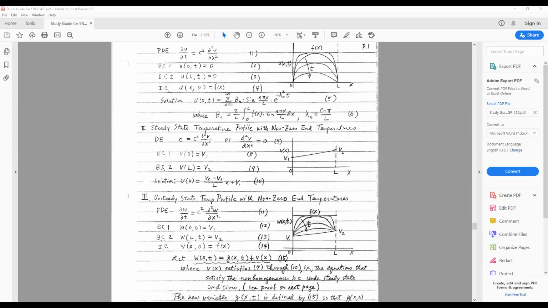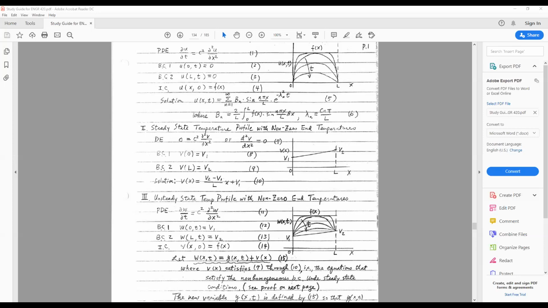And here is my solution. I assume the temperature will decay to this linear line like this. This is based on my intuition, which will be demonstrated to be true.